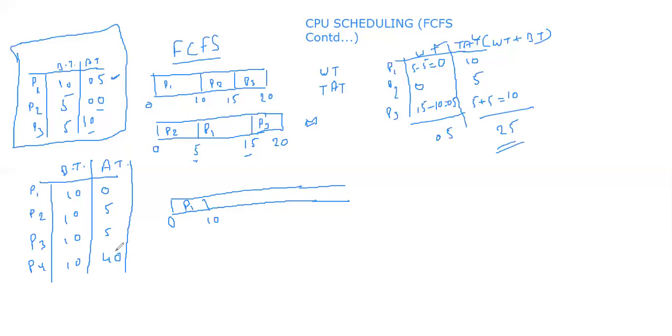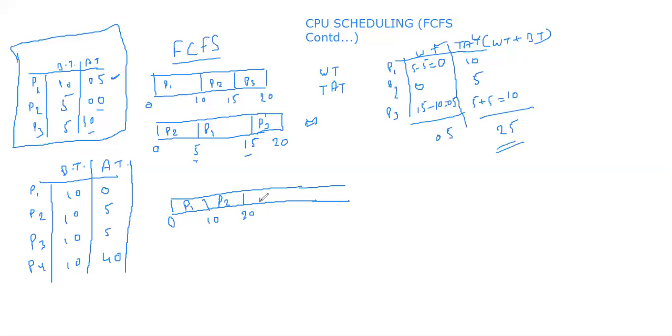So to break any tie, we pick the ordering given in the table if nothing else is given. So I'll execute the P2 process because P2 is given first. P2 gets executed for 10 units of time.